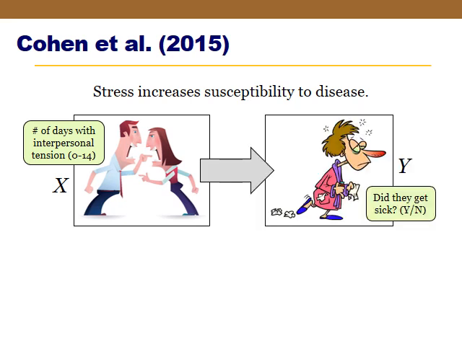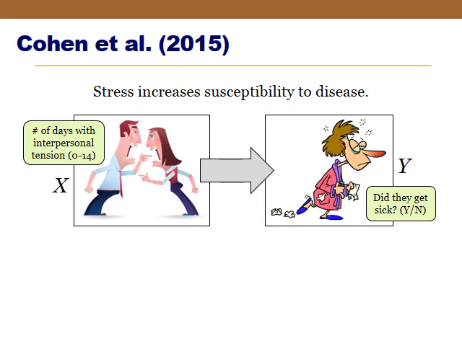And then after that, and I have no idea how they got IRB approval for this, but they actually exposed people to germs and measured whether they got sick or not. So the predictor variable is how much stress, how much interpersonal tension they had experienced in the past 2 weeks. And then the outcome variable was whether or not they got sick when they were exposed to these particular germs.